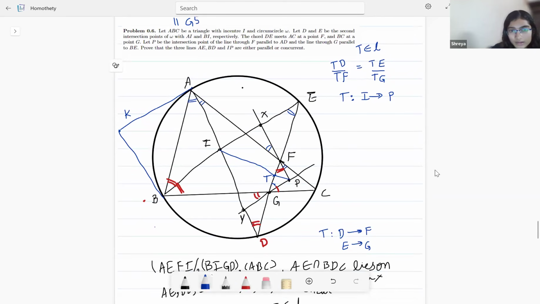It's like one line Pascal. You take some hexagon with ABD, like AA, and something like this. Yeah, this should work. So then you get that points K and I are collinear, and then you need to show P also lies on it. Nice.